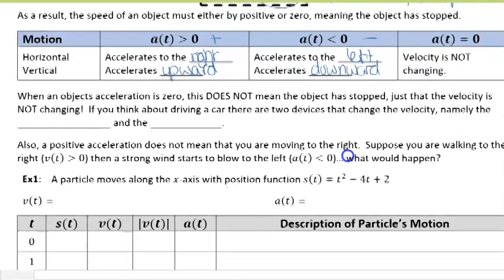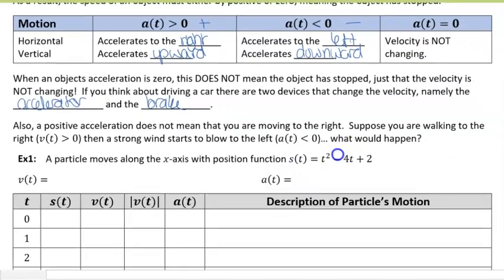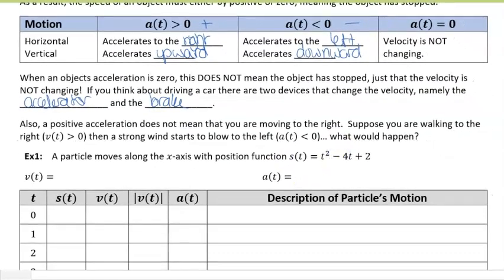Okay, so important: when an object's acceleration is zero, that does not mean the object is stopped, just that the velocity is not changing. Thinking about driving a car, there are two devices that change the velocity, namely the accelerator and the brake. One speeds it up, one slows it down.